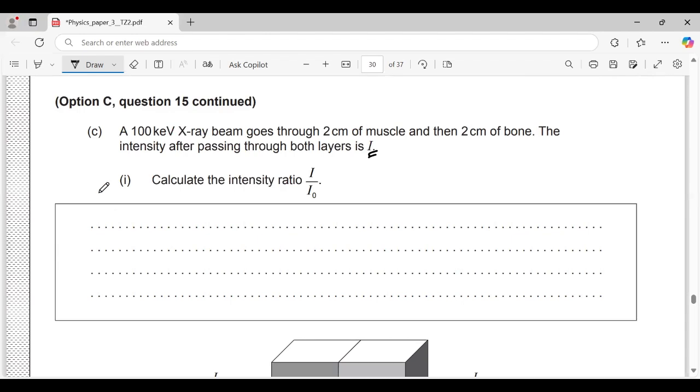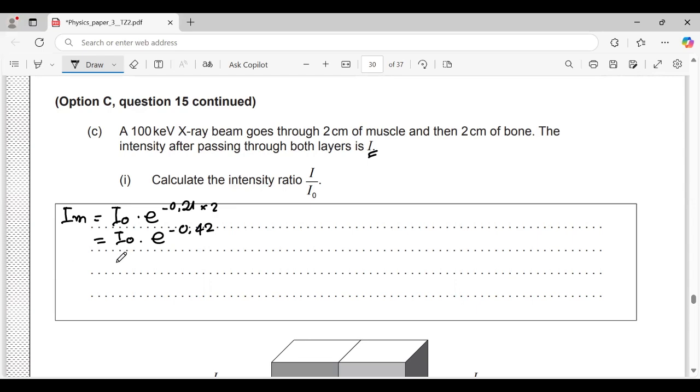Right, so the intensity after passing through muscle, I'm going to call IM. This is I0 times e to the power minus 0.21 times 2, which is I0 times e to the power minus 0.42.